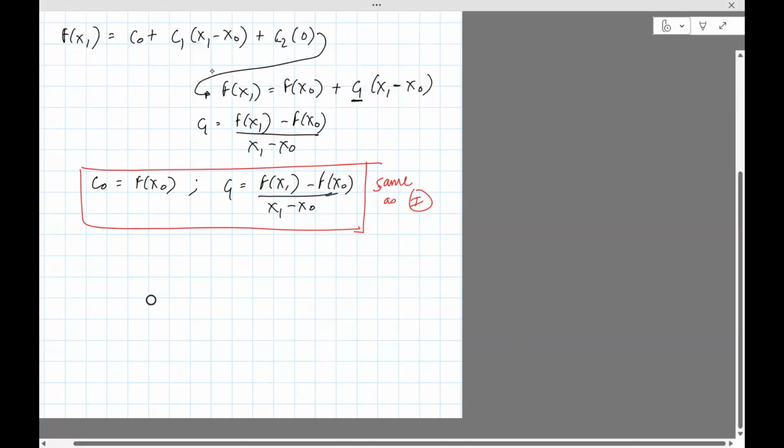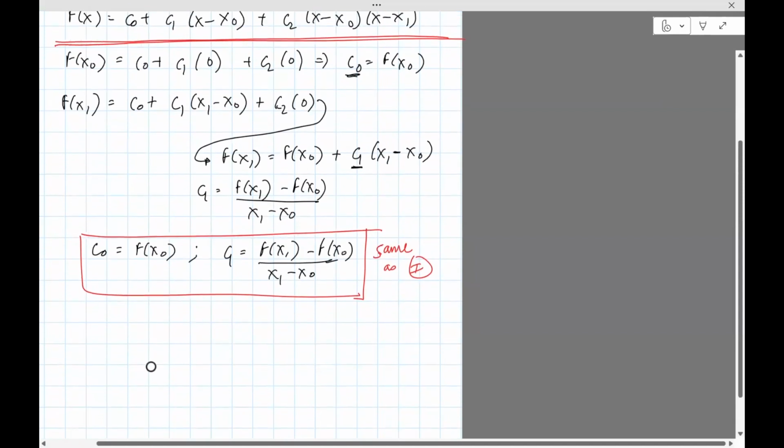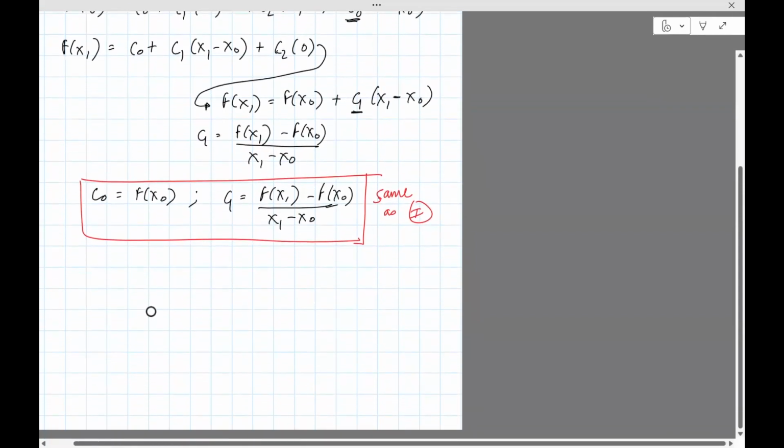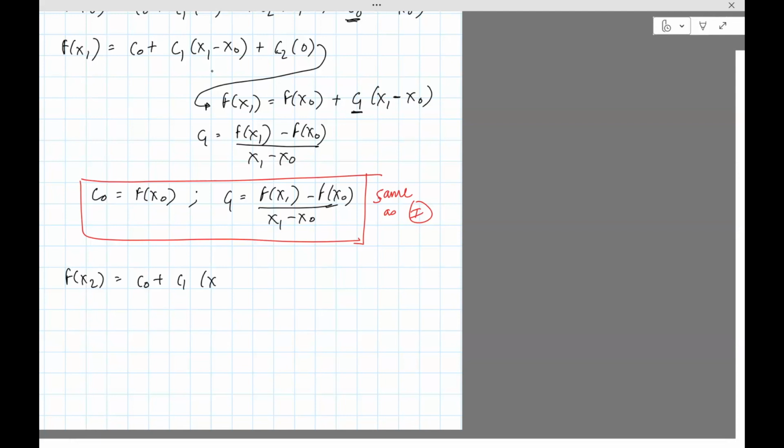But here, remember, we have 3 things. We have C0, C1, and C2. So we need to still compute what C2 is. For that, what we'll do is we'll sub in the third value. f of x2 equals C0 plus C1, x2 minus x0, plus C2, x2 minus x0, x2 minus x1. Okay, now we need to solve for C2, so we can sub in the value for C0 and C1.